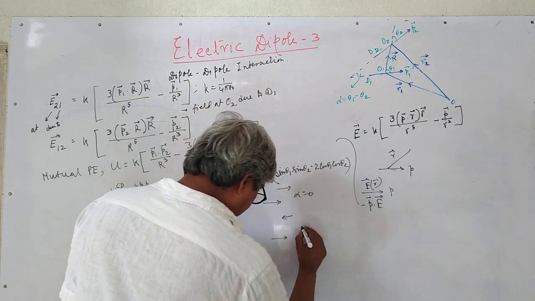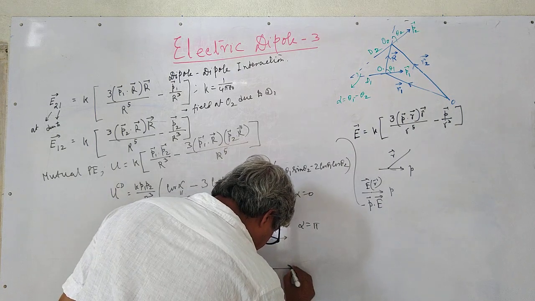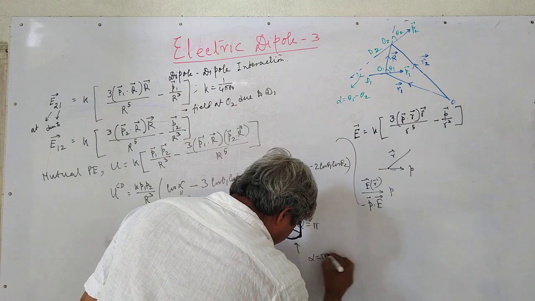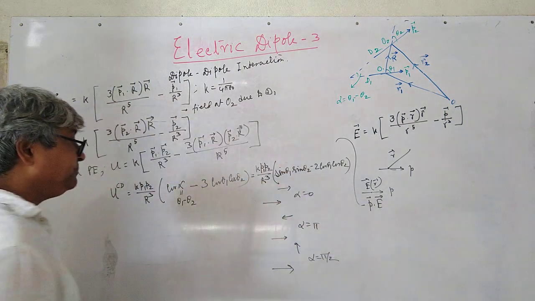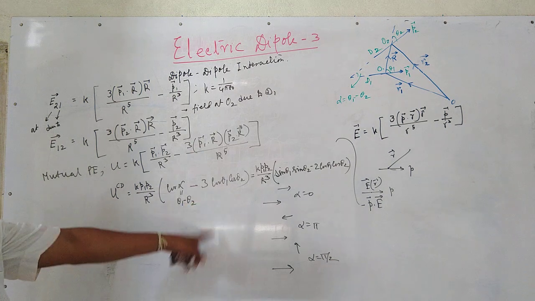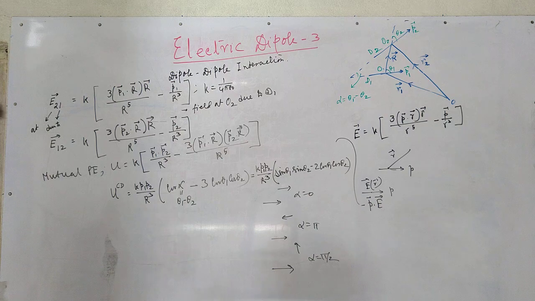This is anti-parallel, alpha is pi. And another case arises, this is perpendicular, alpha is pi by 2. We can get the corresponding simplified expression for the potential energy in all these three cases.